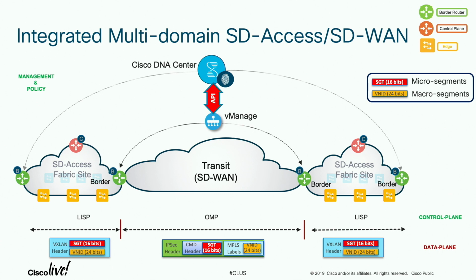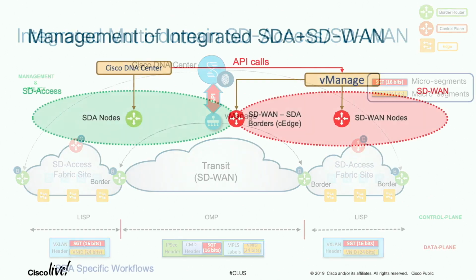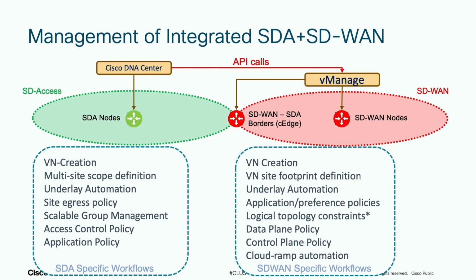This is the next thing that we do in support of making that left side of the picture look like one. So if you look at the menu of workflows that you have in each domain, we have a series of things that we do for wired, wireless, et cetera, in DNA Center that are not pertinent to this end-to-end view.